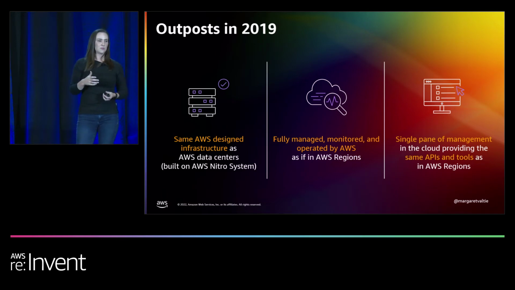The big selling point for us was that it was the control plane of AWS. It would look like it's in region, and then you could take advantage of all the AWS APIs, the Trusted Advisor checks, things like that, that you would be used to once you get into native AWS.